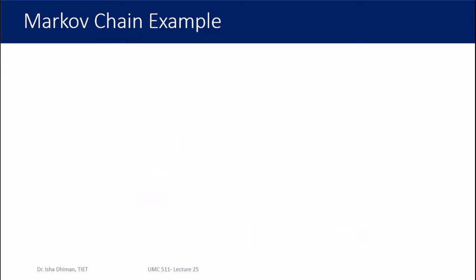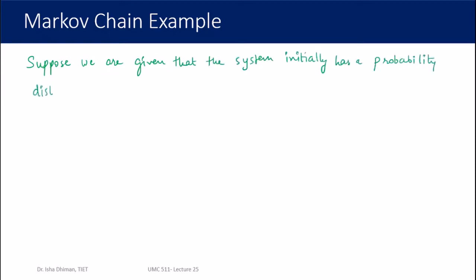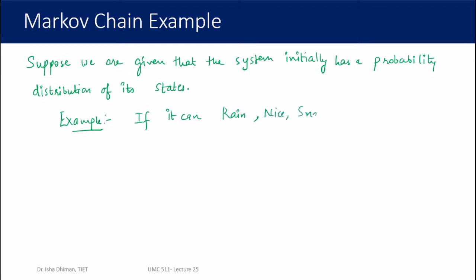So now we have another kind of question. Suppose we are given that the system initially has a probability distribution over its states. For example, if it can be rainy, nice or snowy, then the probability of each of the three states is given.